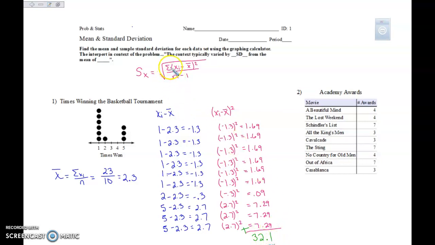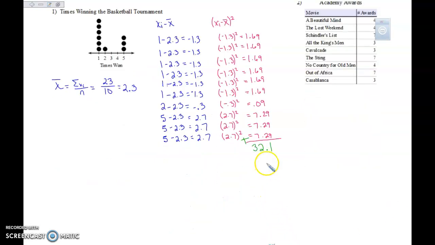Okay, now that takes care of the top of this. So then, as you look at the formula, it says divide by n minus 1. Well, n is 10, so 10 minus 1 is 9. So we're going to take this value and divide it by 9. So 32.1 divided by 9, and then we still have that square root around it.